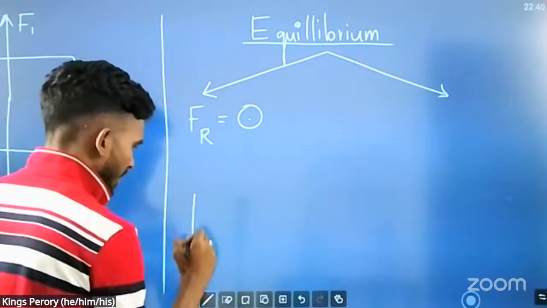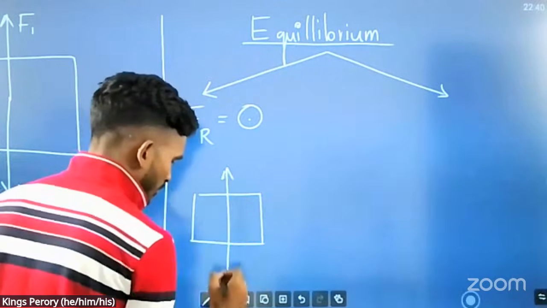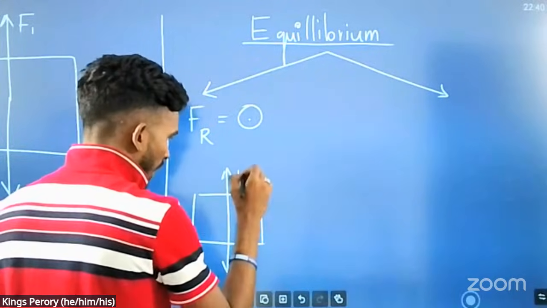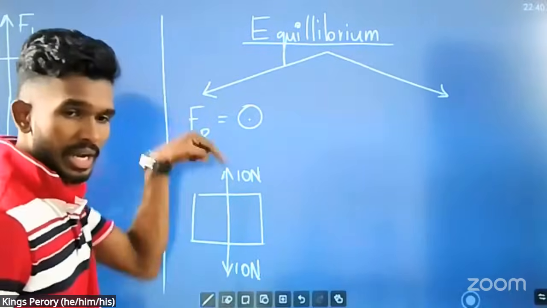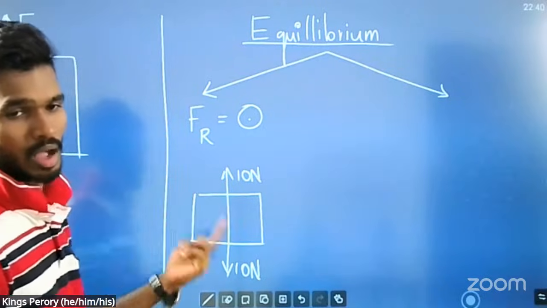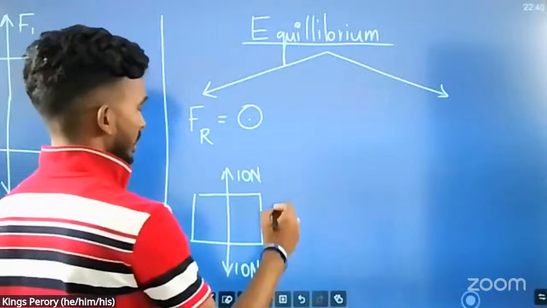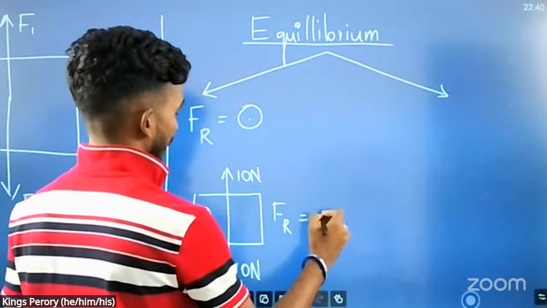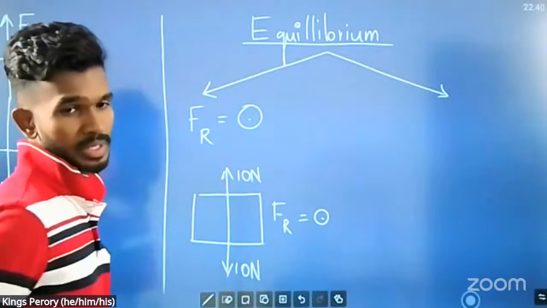For example, let's take an object with an upward force of 10 Newton and a downward force of 10 Newton. What's the total resultant here? The resultant is 0. So the total resultant force should be 0. That is one condition for equilibrium.